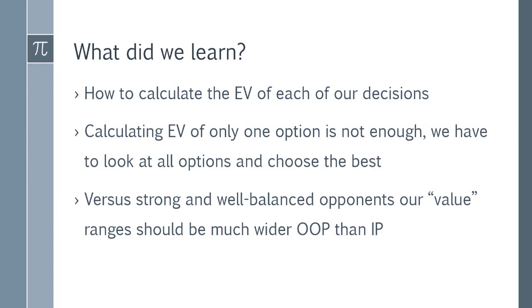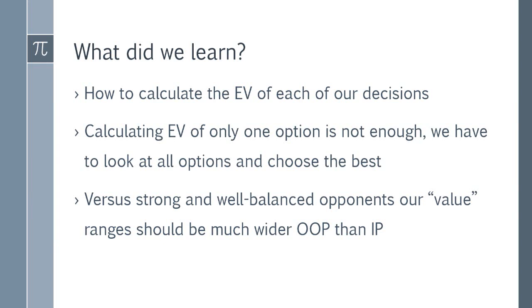And I have value in quotes here again because out of position, although it's theoretically a value bet because it has the highest EV option for us versus checking, at the same time, we're hoping for a fold. So technically, it's kind of a bluff / value bet type of situation.